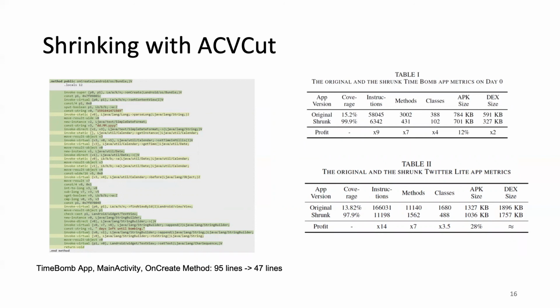When we take a closer look at table 1, showing the results of the shrinking of the time bomb application, we can see that a significant amount of instructions was cut out. The number of methods decreased dramatically, the number of classes as well, and the APK size went down only by 12%. This is because most of the space goes to resources.